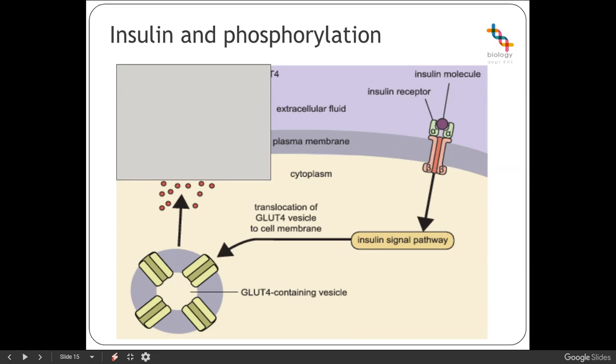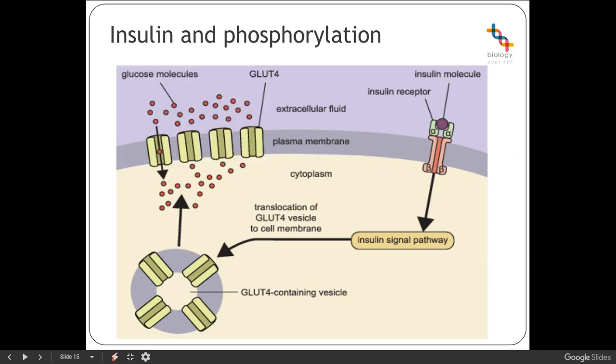This GLUT4 protein is responsible for being able to move glucose across the plasma membrane. The vesicles containing this particular GLUT4 transporter protein are then stimulated to bind with the plasma membrane, and the GLUT4 proteins associate themselves with the plasma membrane of the cell. They are then able to transport glucose from the bloodstream into the cell via facilitated diffusion.